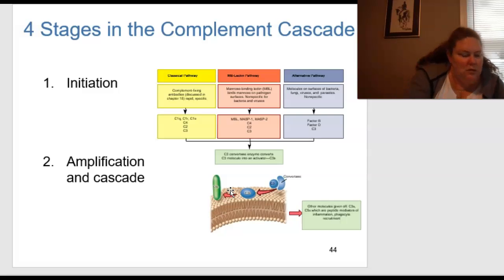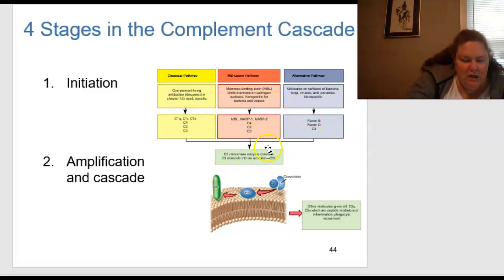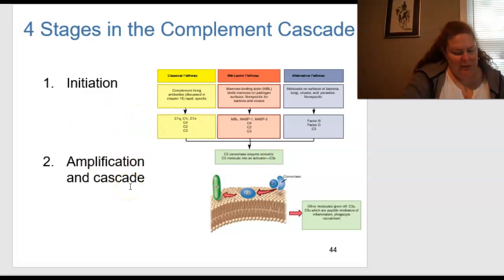So again, we have three different pathways that converge here at the C3 convertase, and this converts the C3 molecule to an activator of the cascade, which is C3b. So cascade amplification is happening here, and basically this is the C5 factor acted on by C3b, and this converts it to C5b.